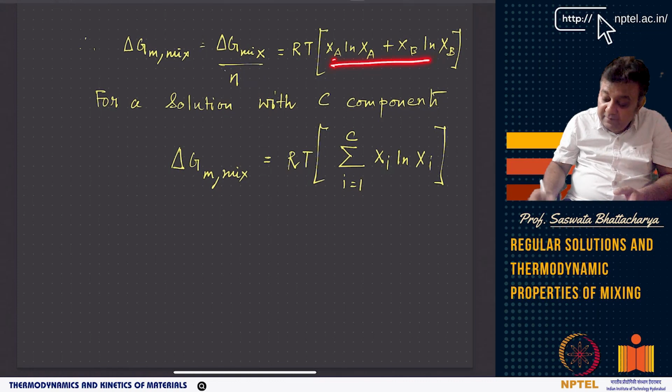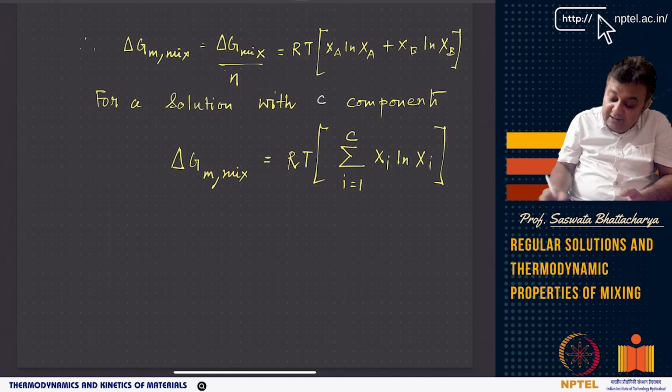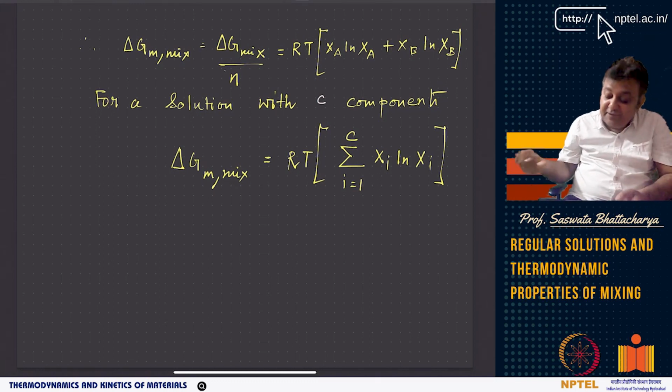This is for binary, two components; instead of binary, we are talking about C, the number of components. Here i equals A and B, or 1, 2. So it is x1 ln x1 plus x2 ln x2, or (1 minus x) ln (1 minus x) plus x ln x, where x is the mole fraction of B.